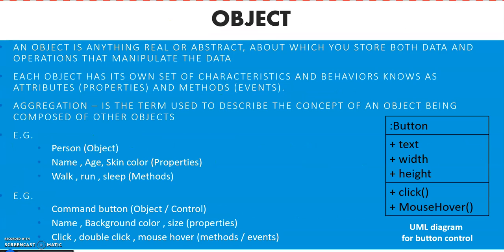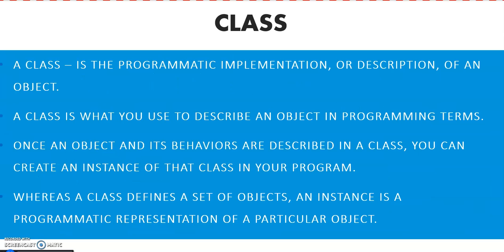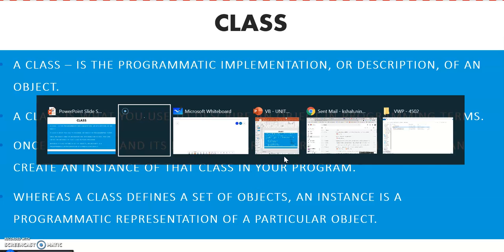Here we have the slide about the object. As you can see, each object has its properties and methods, but we'll discuss it on a whiteboard to understand more clearly. And this is about the class. Class is the programmatic implementation or a description of an object or a collection of objects.